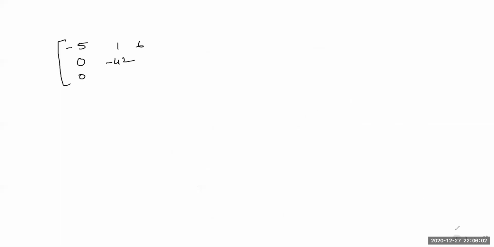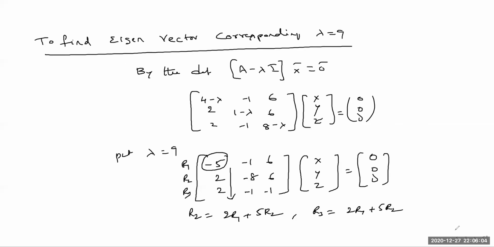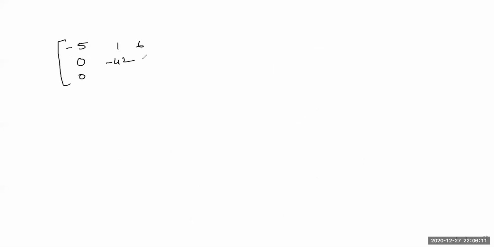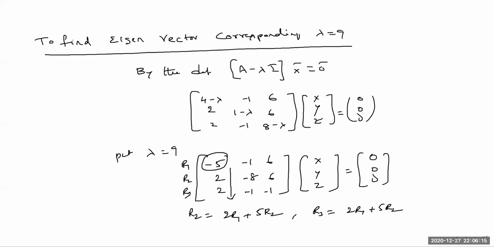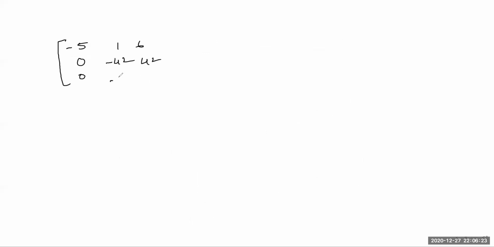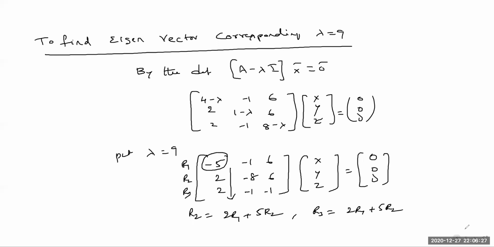Here, 2 times 6 is 12, plus 30 gives 42. And here also you get 0, minus 7, and 2 times 6 is 12, minus 5 is 7.